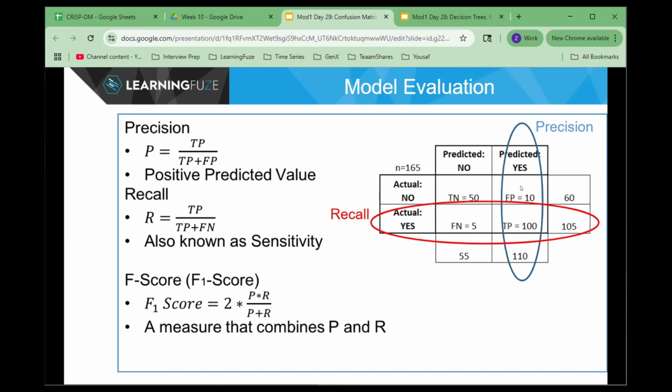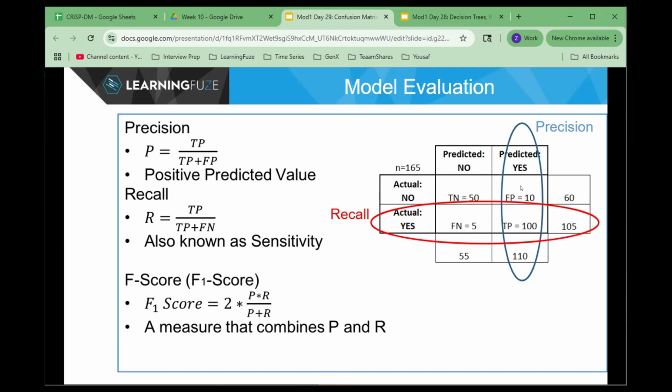Healthcare, cancer detection. Companies want 100% recall because they do not want to miss any patient that has a chance of cancer. They do not want to miss it.